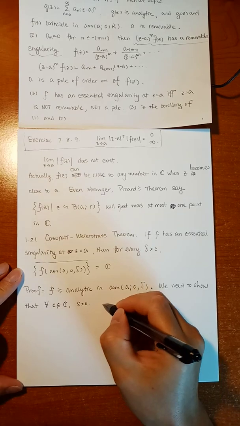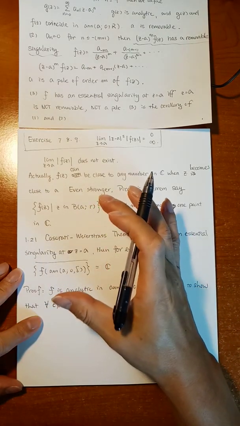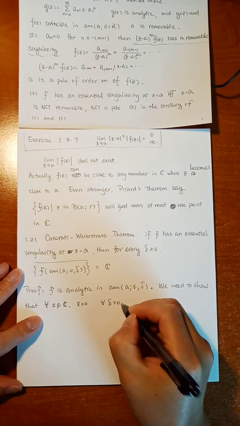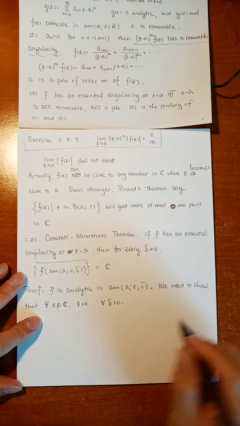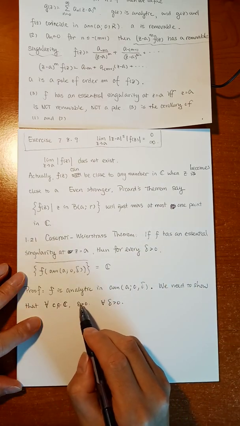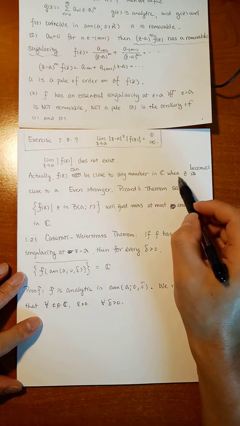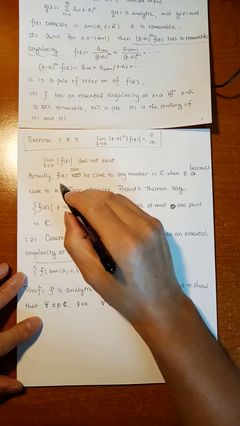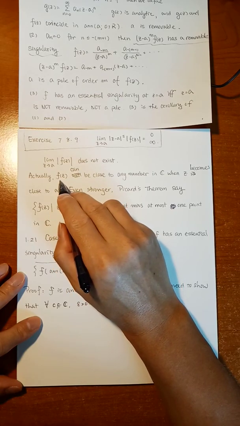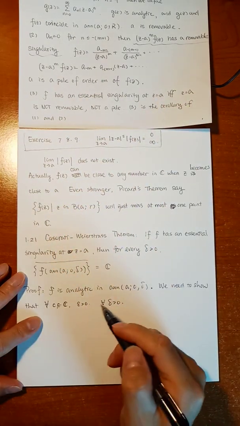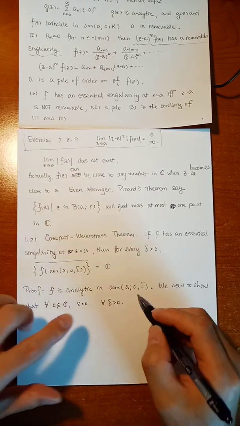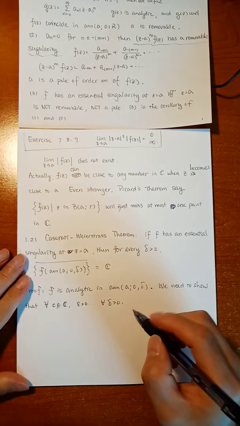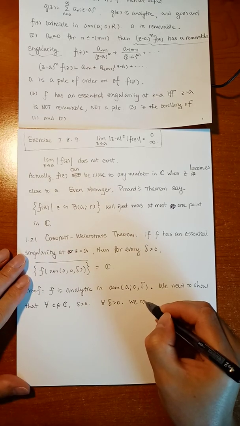And we need it for arbitrarily small disk, and for any delta greater than 0. All right. So c and epsilon are used to measure how close this image f of z will be to this c, how close. And the delta means this z can be selected how close to a.